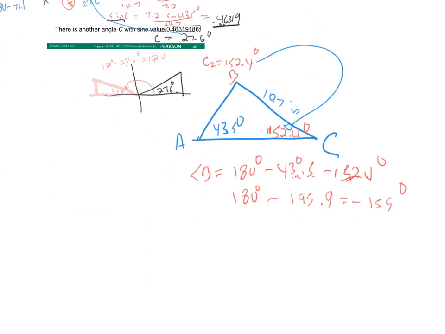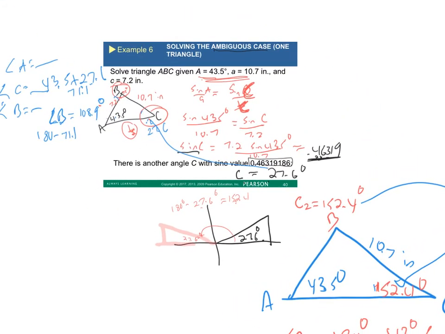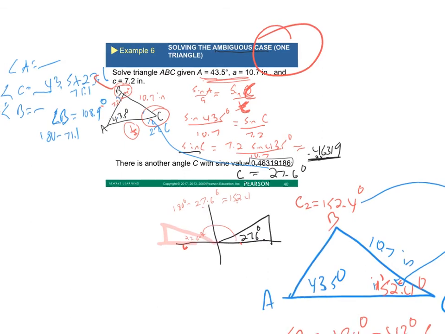Well, that makes no sense. You cannot have a negative angle in a triangle. So even though it looked like it was the other problem, by using them both, you find out that second triangle doesn't exist. So that's why there's only one triangle.